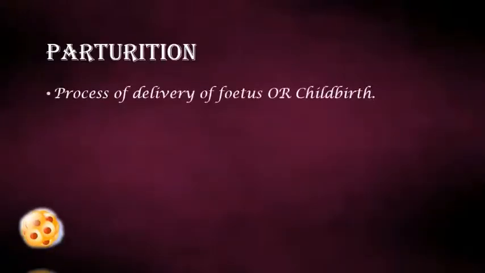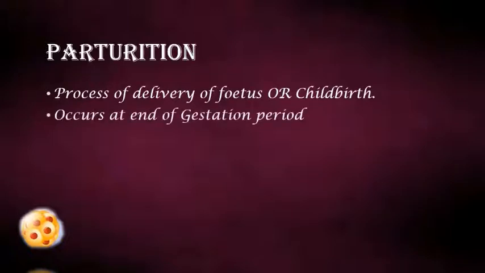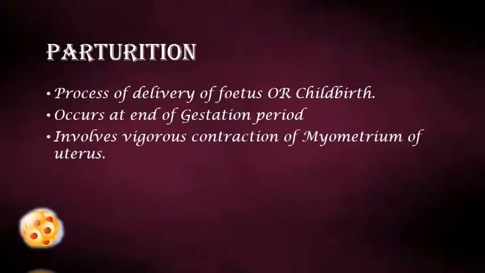The process of delivery of the fetus or childbirth is known as parturition. This event occurs at the end of the gestation period and it involves vigorous contractions of the myometrium of the uterus. Now, how do these contractions originate? The conduct of these contractions is controlled by a neuroendocrine mechanism.